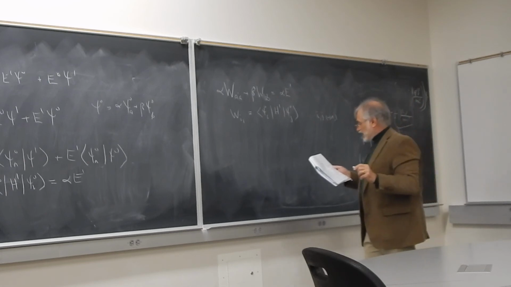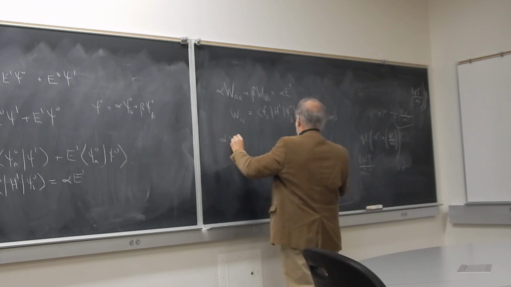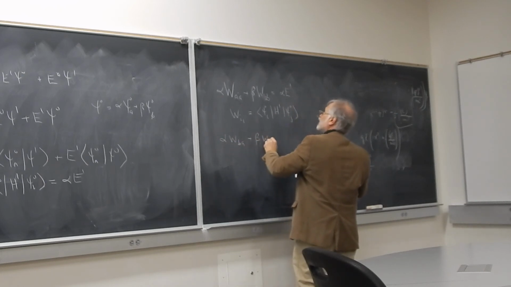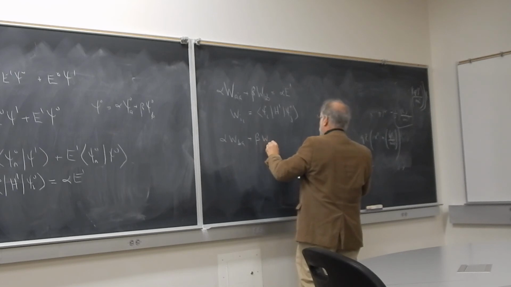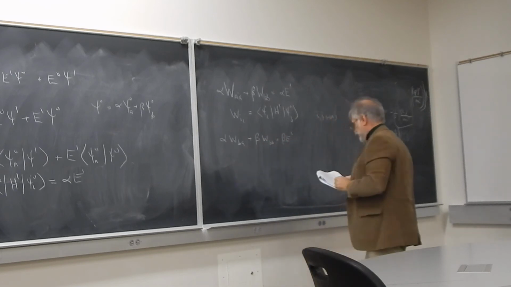Also, the inner product with psi B0 gives us alpha WBA plus beta WBB equals beta E1.